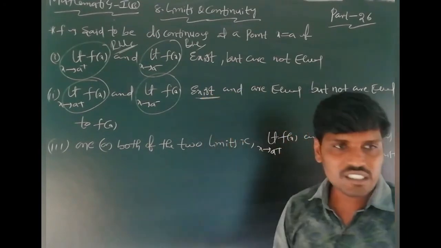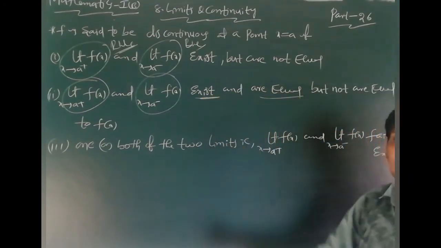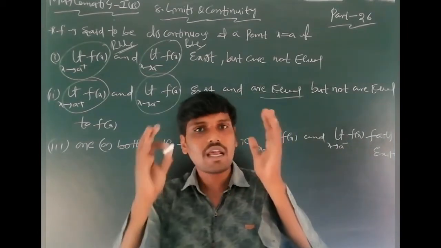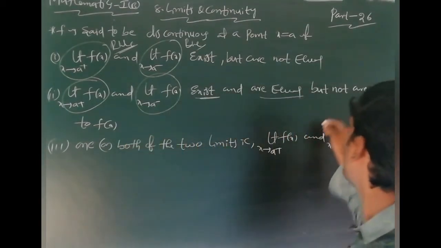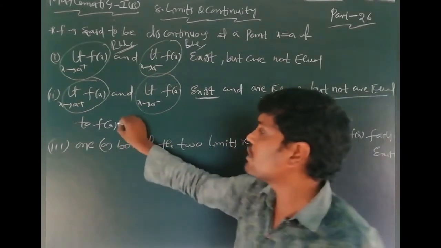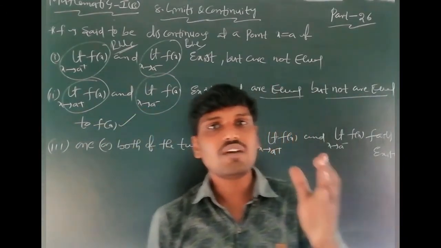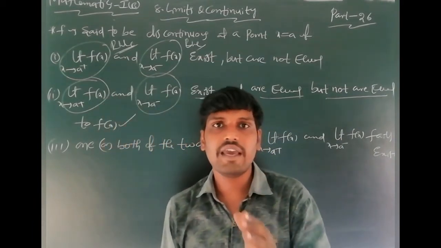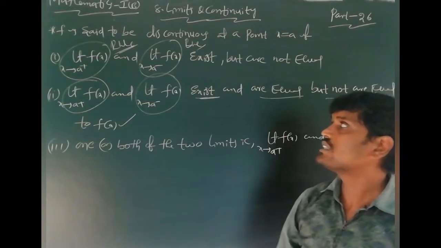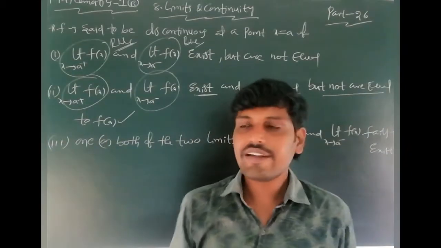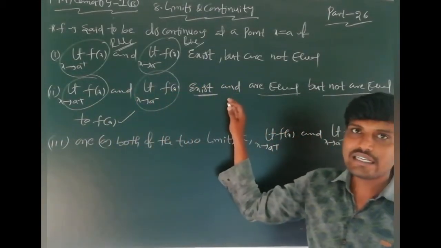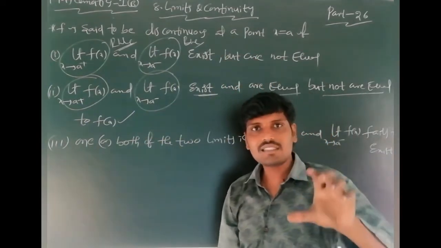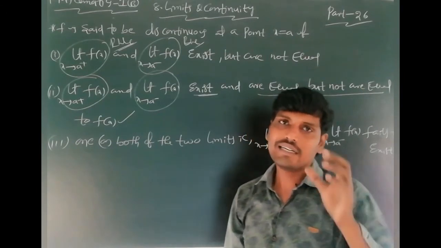Both exist and are equal, but not equal to f of A. Left hand limit equal to right hand limit, but not equal to f of A. In this case f of x is discontinuous. Here left hand limit and right hand limit both exist and are equal, but not equal to f of A. In this case f of x is also discontinuous.